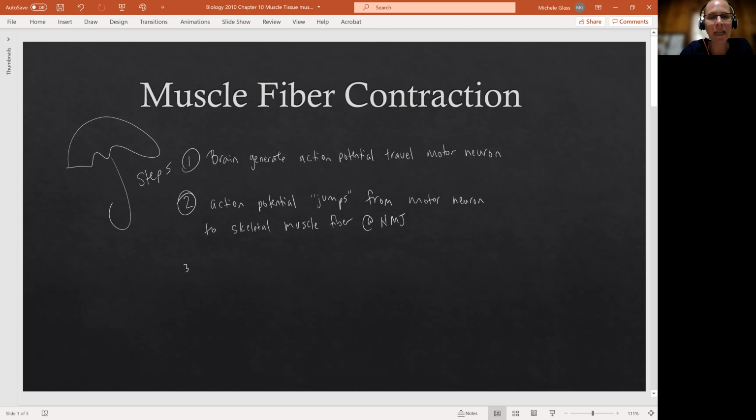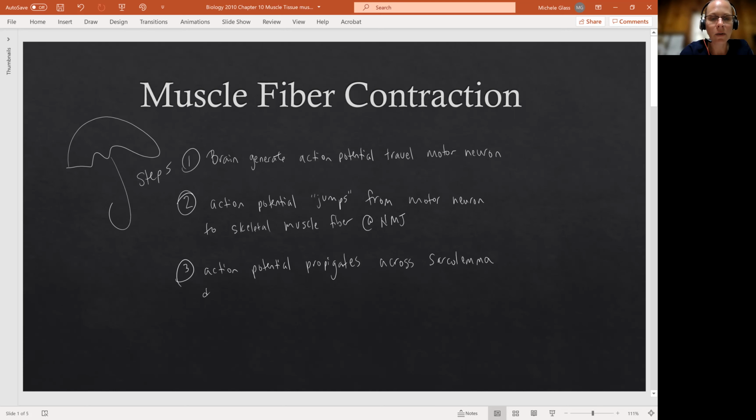The third big umbrella step would be the action potential propagates, which is another way of saying travels, across the sarcolemma. Remember, sarcolemma is our fancy word for our skeletal muscle cell membrane.